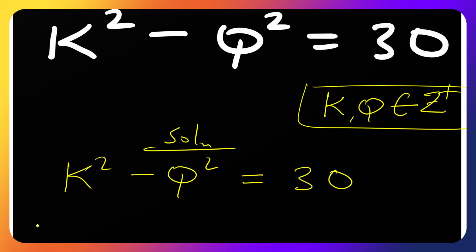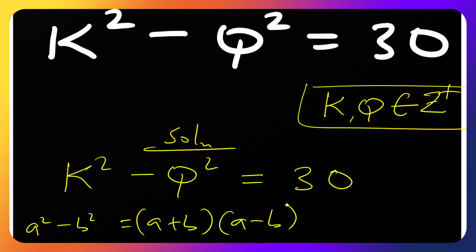Now, when we're given a squared minus b squared, it is the same as a plus b times a minus b. Now, a plus b is more than a minus b.